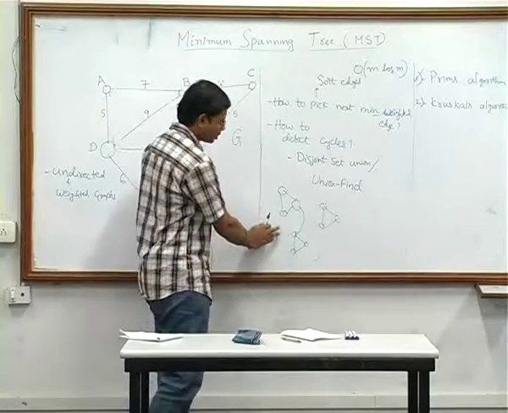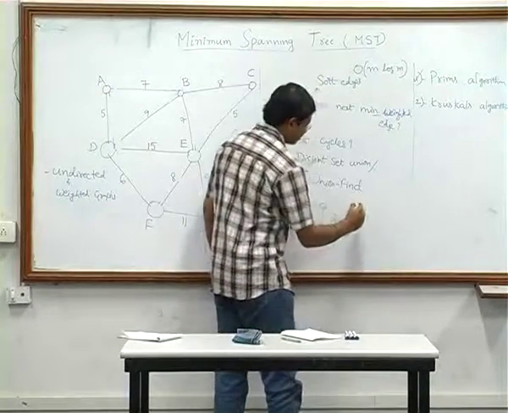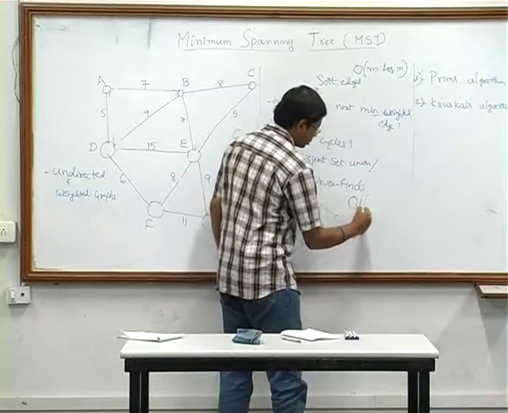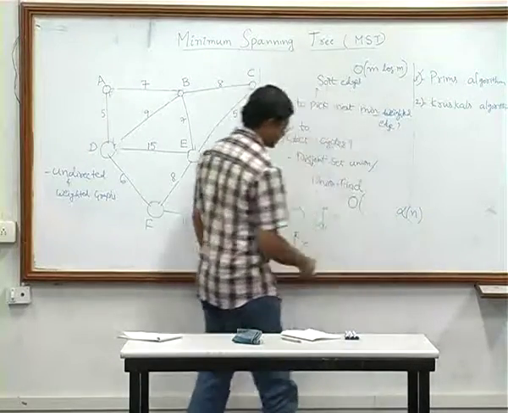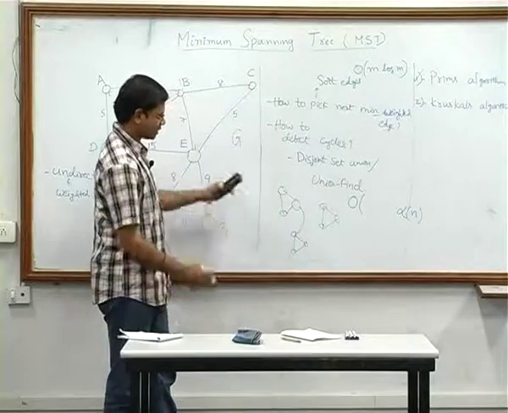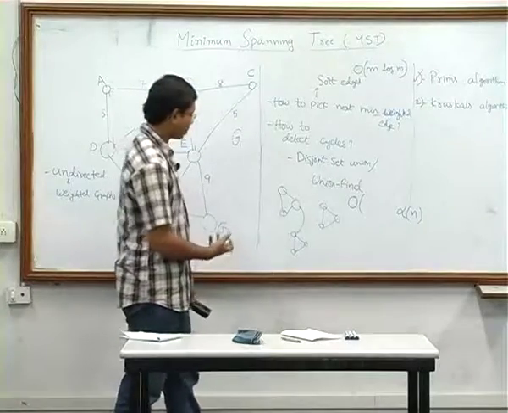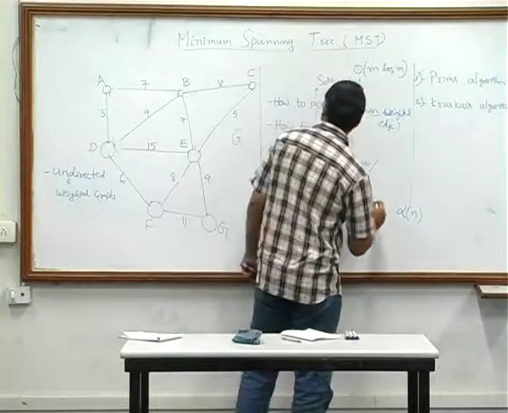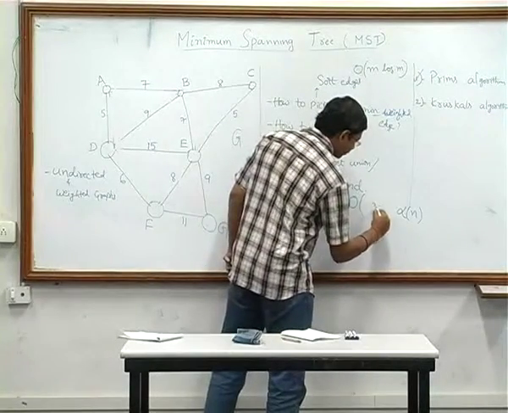We will not go into the detailed analysis of this part. Usually, if you treat alpha of n as the time it takes to union the 2 sets or to find if they are connected or not, how many times do we need to do that at max? That will be equal to the number of edges present.